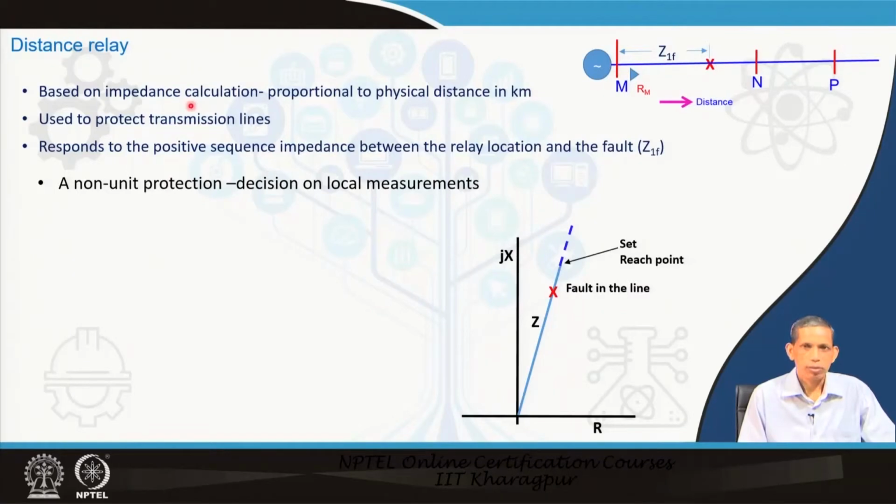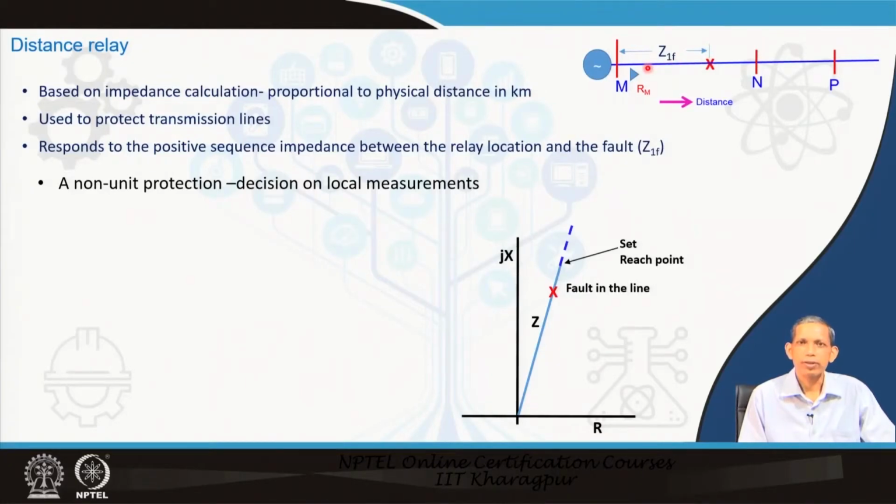So, what the distance relay does is respond to the positive sequence impedance between the relay location and the fault. Based on the voltage and current available at this point, it finds the positive sequence impedance from the relay point to the fault point and then compares it with a set value.